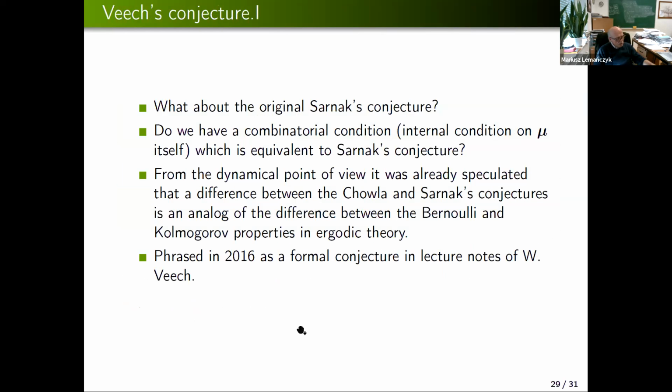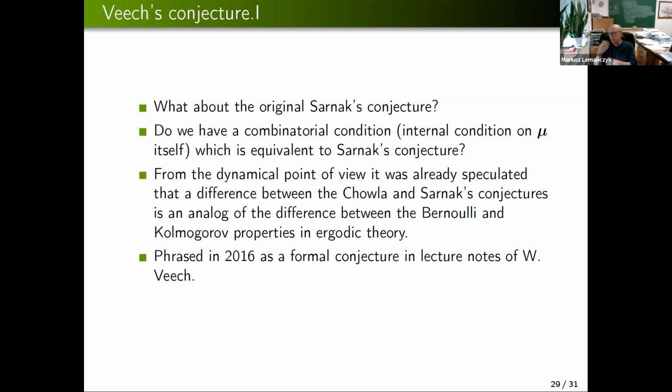Okay, so I presented to you now what's happening around the logarithmic Chowla conjecture or logarithmic Sarnak conjecture, but we would like to finally come back to the original Sarnak's conjecture. Is there any progress in understanding this conjecture?